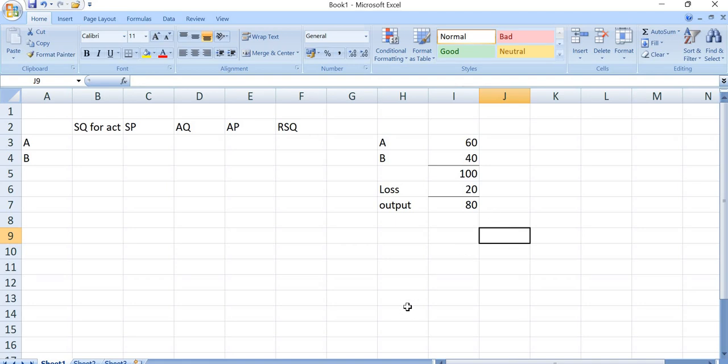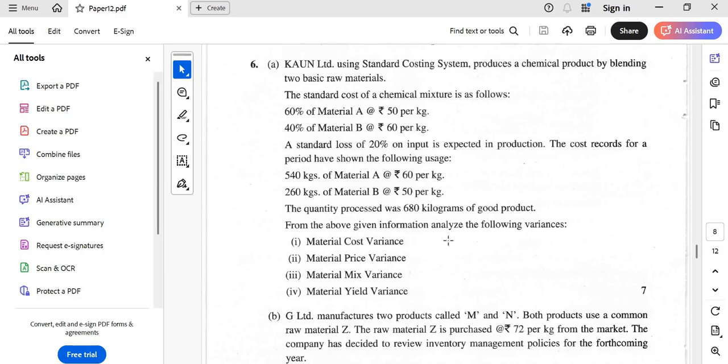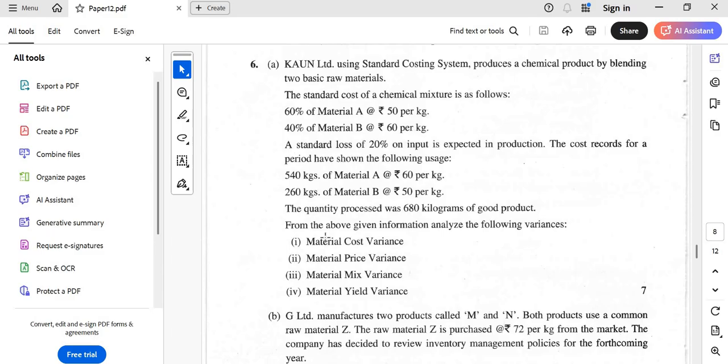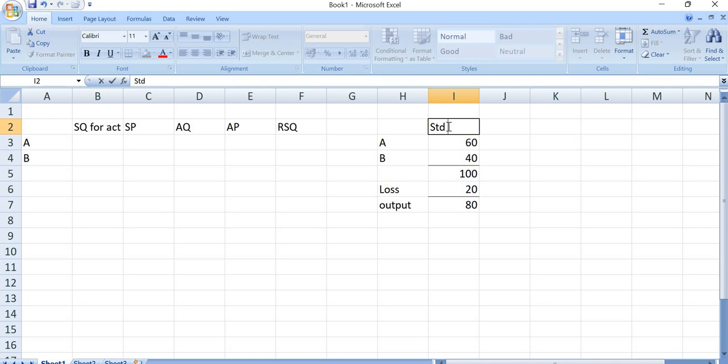So for an output of how many kgs are required now? My output is 680 kilograms of good product. So they have told 680 kgs of good product. Here I'm using the formula standard quantity for actual output, that is my actual output is 680 kgs of good product. So for 80 kgs of output I am inputting 60 kgs.